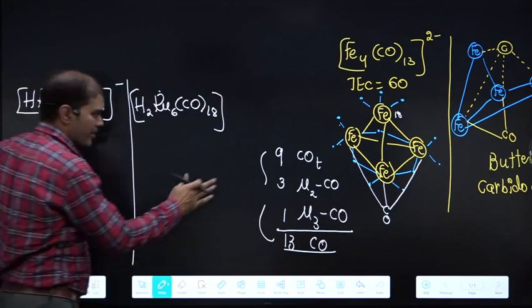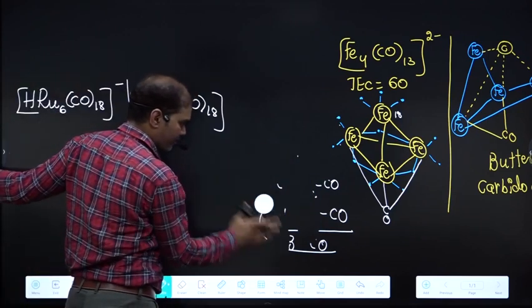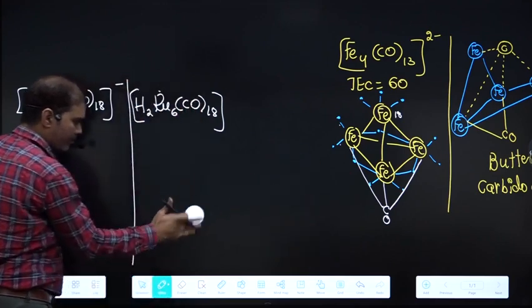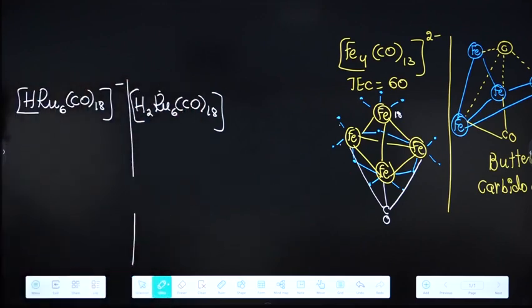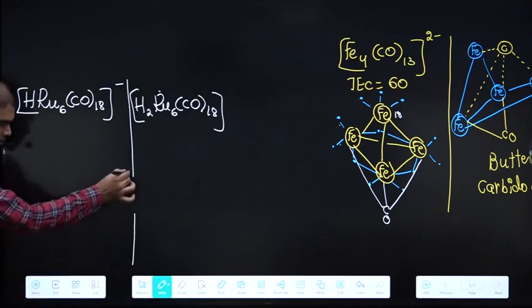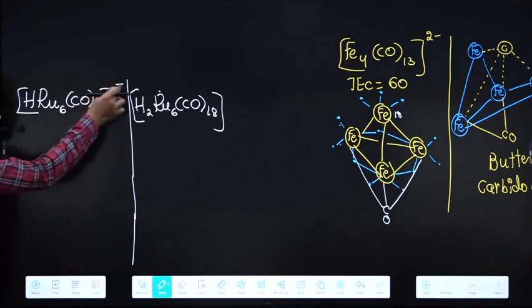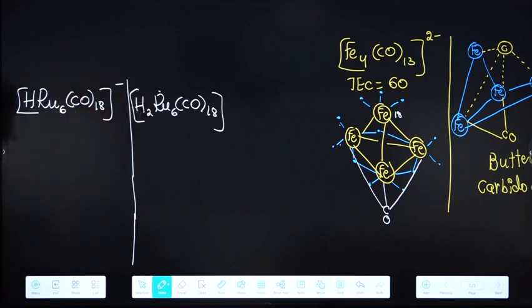What could be their structures? HRu6(CO)18 minus, H2Ru6(CO)18. There is no charge in this.